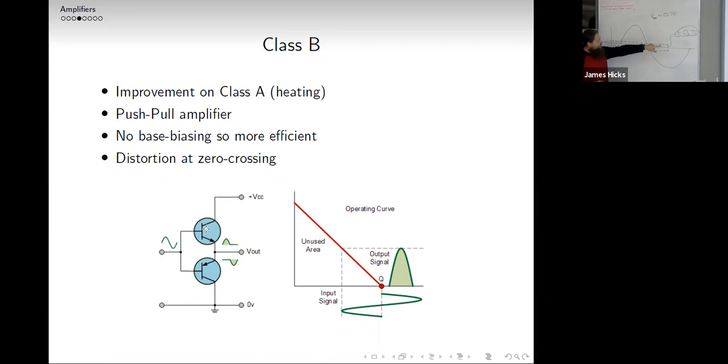That's this distortion at zero crossing. You have the transistors effectively not amplifying in this region. So more efficient, but the price you pay for that efficiency is this distortion at the zero crossing.